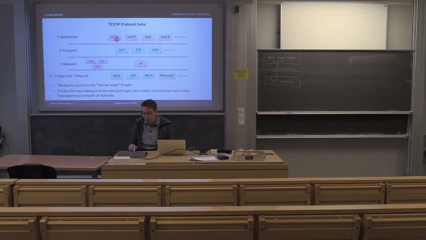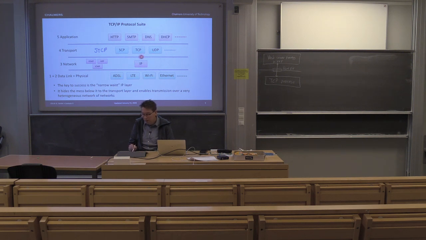The application layer protocols use the protocols at the transport layer. That's a typo here, but we have TCP and UDP, and then we have SCTP, not SCP. So these are different types of transport protocols.